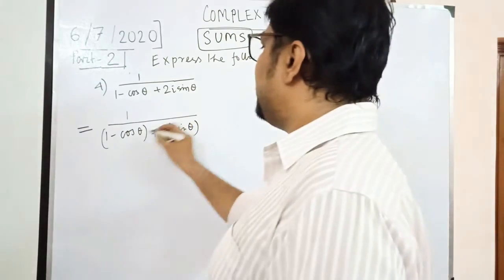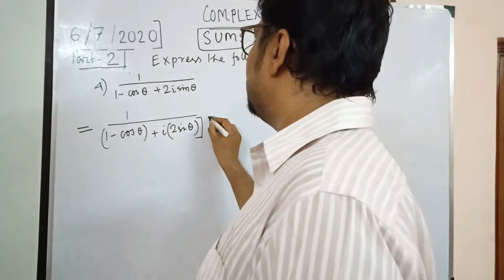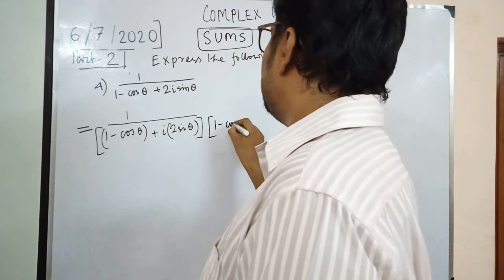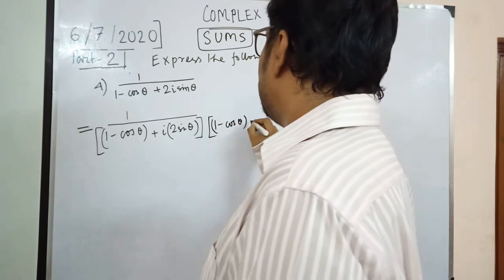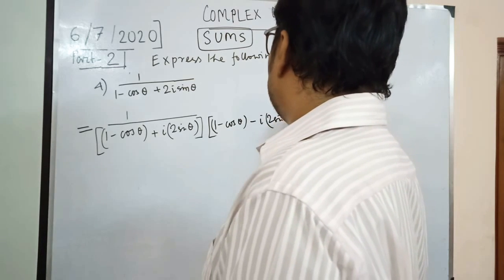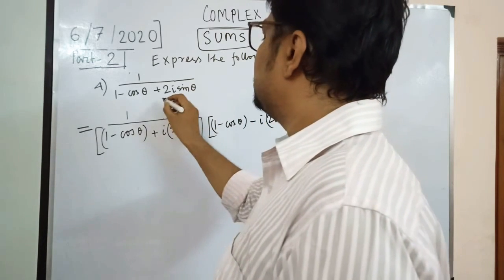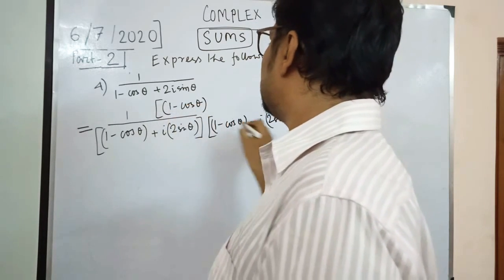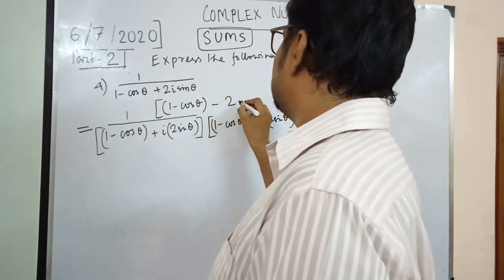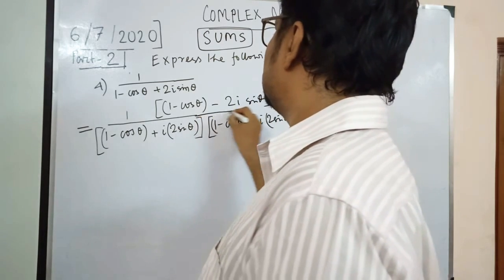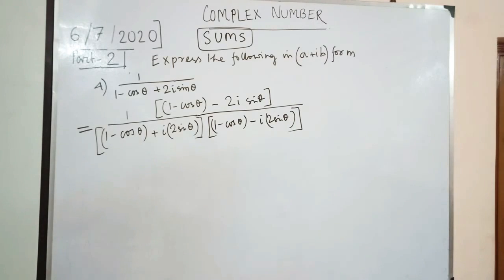So multiply with a minus ib over here, that means this is your a plus ib. So 1 minus cos theta minus i into 2 sine theta. Hope you understood this. The same thing has to be multiplied in the numerator also: 1 minus cos theta minus 2i sine theta. So this is the thing we get.